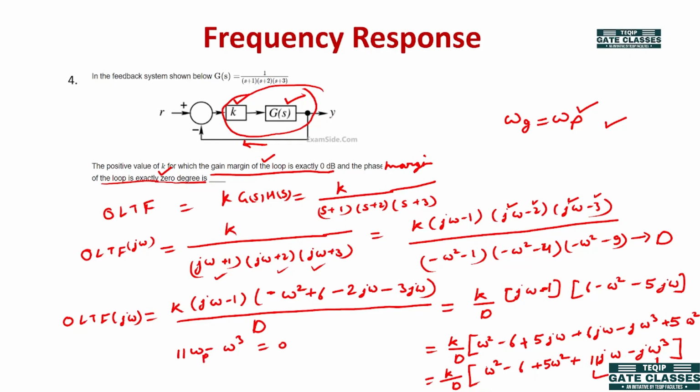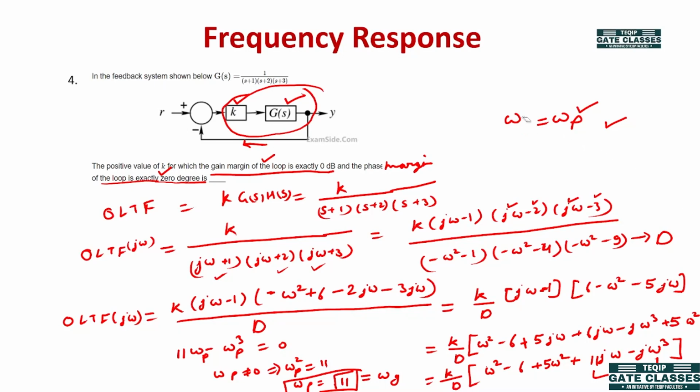This becomes omega p, so omega p can't be 0. That means omega square is equal to 11, or omega p is equal to under root 11. Okay. So once we get this phase crossover frequency, which is also equal to omega g, this is equal to under root 11.